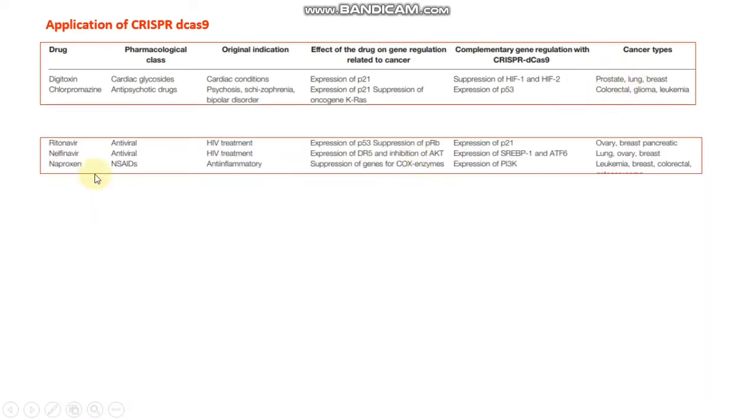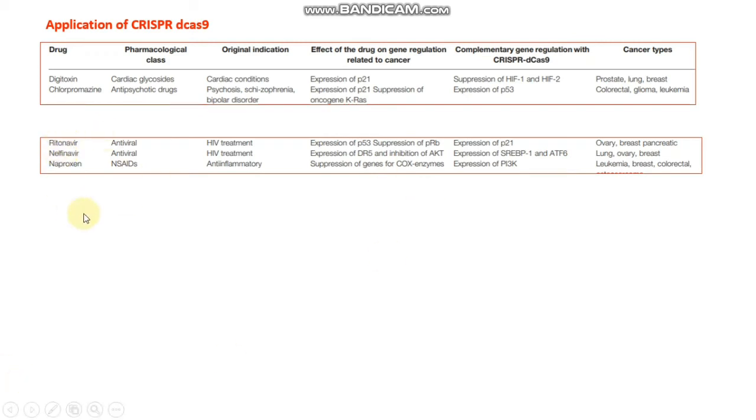Another application involves three different drugs: ritonavir, nelfinavir, and naproxen. These drugs are normally used as antiviral and NSAIDs, and they have some lower effect on cancer. Some cancer markers are expressed by these drugs, although they are not used as anti-cancer drugs.